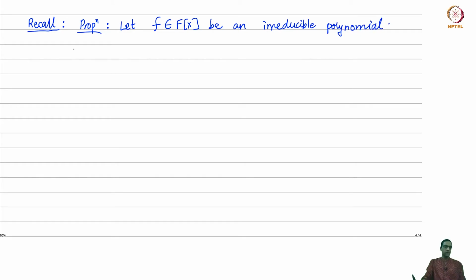In this case, separability is much easier. So let me state it as: f is a separable polynomial if and only if its derivative is not 0. It's not the 0 polynomial.